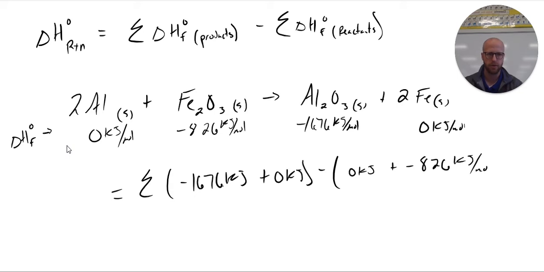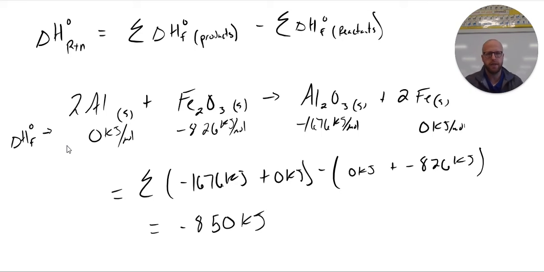Because I have 1 mole of this, so I'd multiply 826 times 1. Okay? So then we just get that. So we add those up, and I have negative 1,676 minus a negative 826. And what I get is a negative 850 kilojoules. Okay. So that's the change in enthalpy.